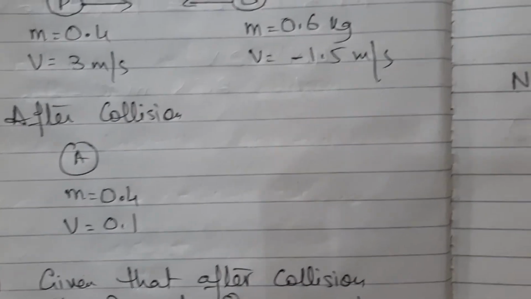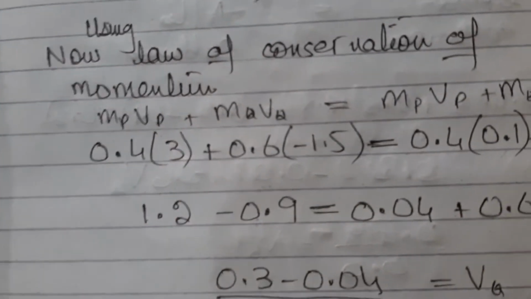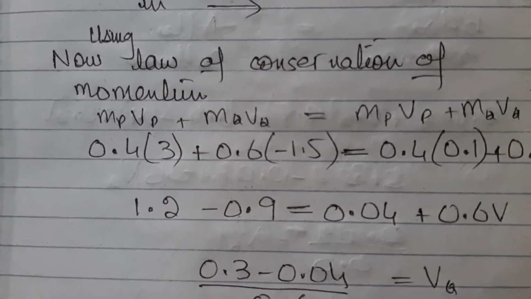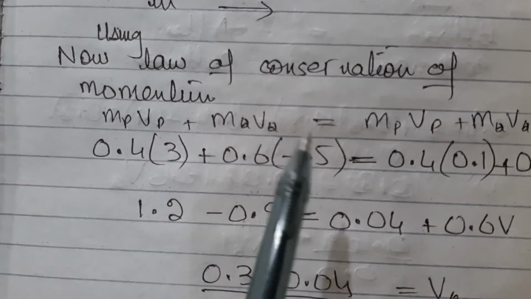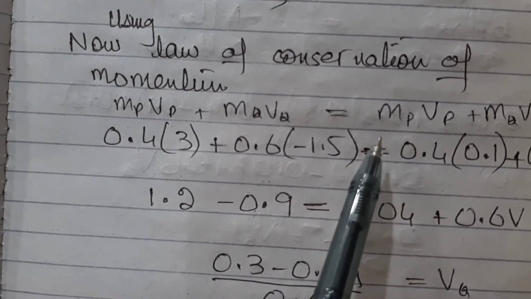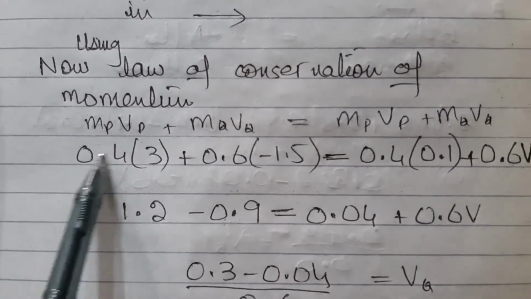Now, using the law of conservation of momentum, and momentum is mass into velocity. The law of conservation of momentum says that the momentum of a system before the collision and after the collision remains the same.